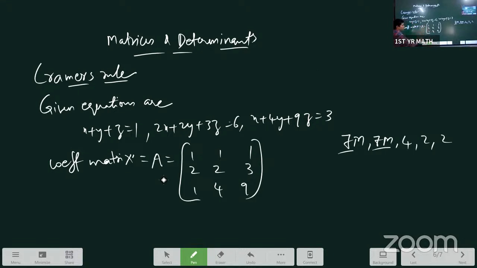Okay, fine. So this is your coefficient matrix capital A. Now in Cramer's rule, what you are going to do is take the determinant of that coefficient matrix, which I am going to call delta.